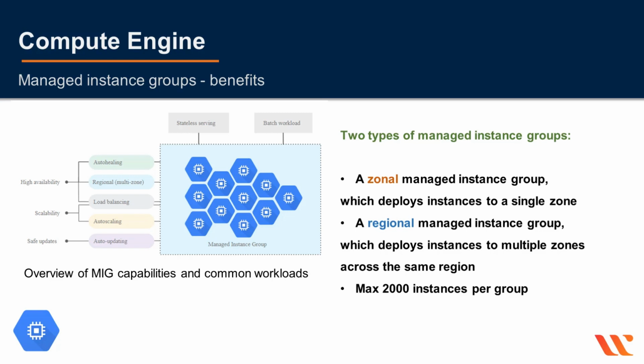The regional ones add higher availability by spreading application load across multiple zones, which protects your workload against zonal failure, and regional offers more capacity with a maximum of 2000 instances per regional group.